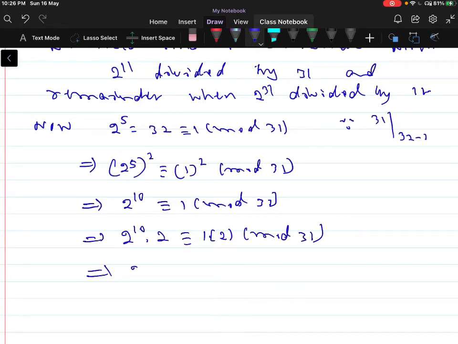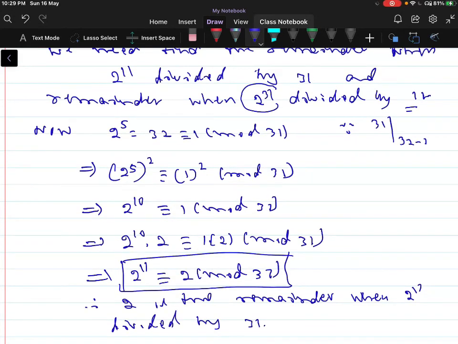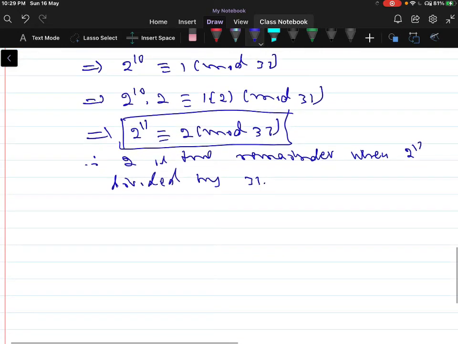This implies 2 power 11 is congruent to 2 modulo 31. So therefore 2 is the remainder when 2 power 11 is divided by 31.